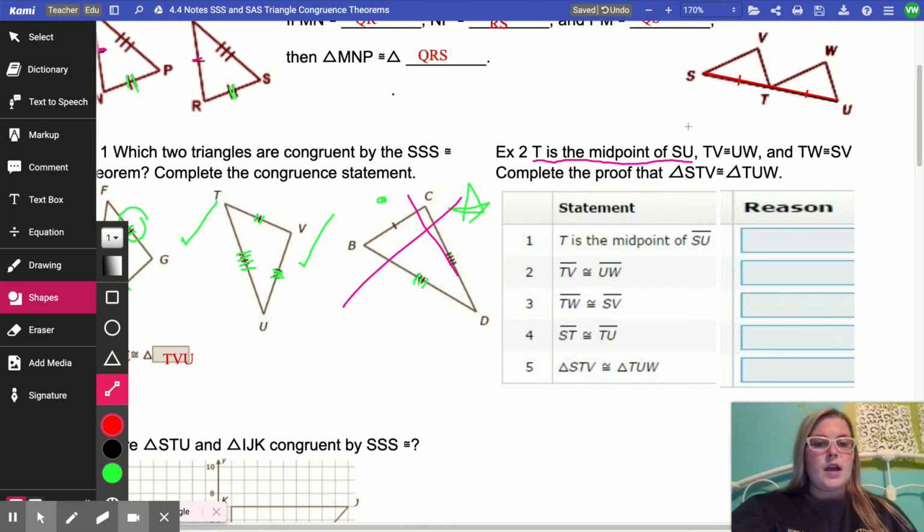All right, it also gives me that TV is congruent to UW. So TV and UW are also congruent, so I can mark those with 2 tick marks.